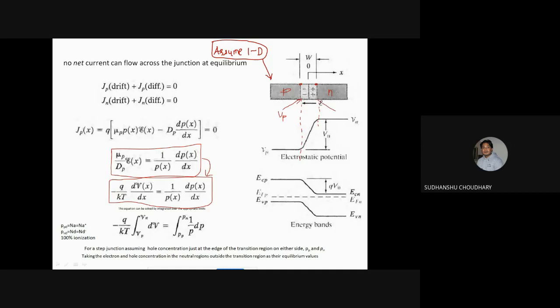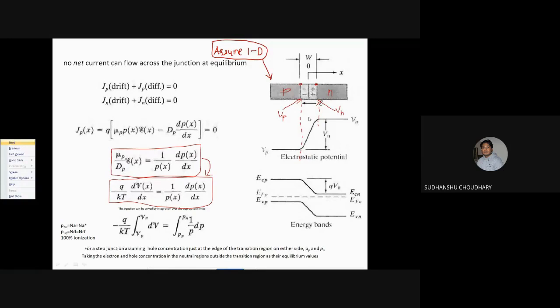And at this point the potential is Vn. So that is at this transition region edge, it is Vp, and at the other transition region edge it is Vn. So I have a limit now. One can set the limit of this integration for V as Vp to Vn, because within Vp to Vn only the potential is changing.